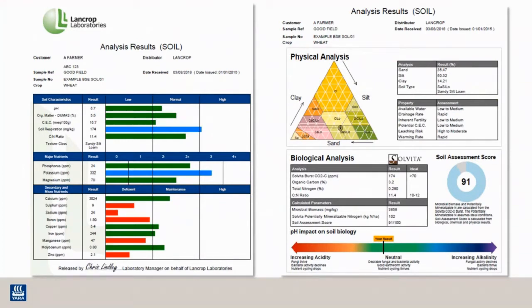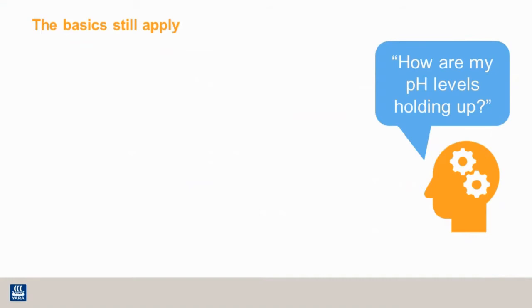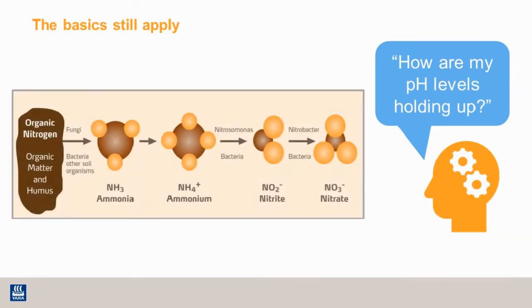And any discussion on soil health can and should start, in my opinion, with one simple question, and that is very much, how are my pH levels holding up? Because soil pH affects the availability of all nutrients required for plant growth.